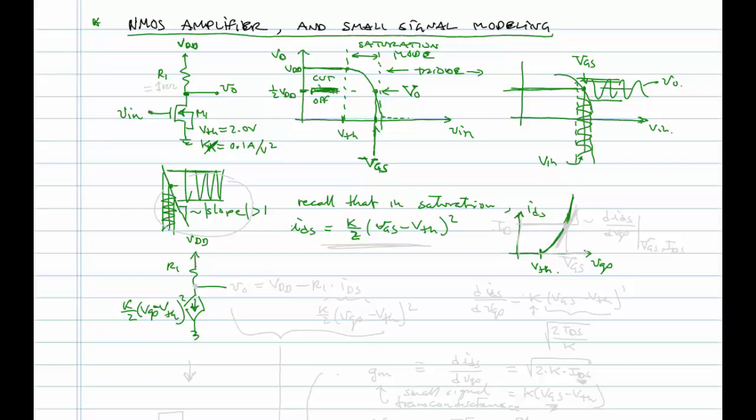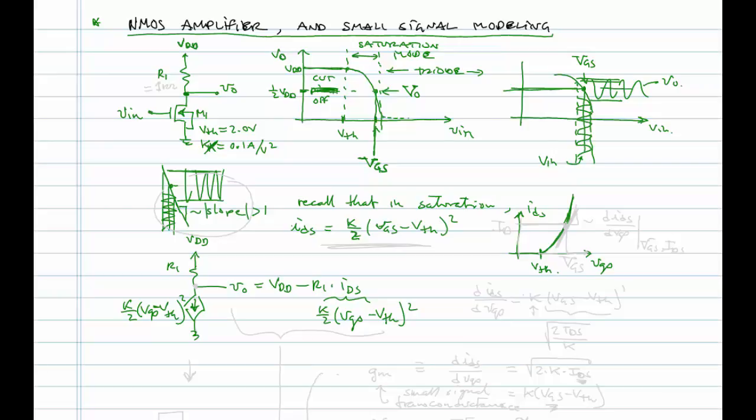This voltage V out is going to be equal to VDD minus R1 times IDS, and IDS is going to be equal to K over 2 times (VGS minus V threshold) squared.